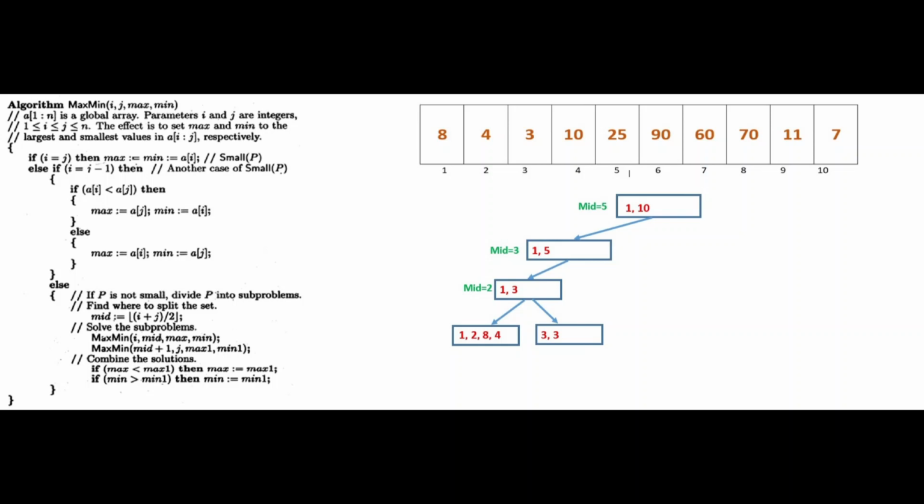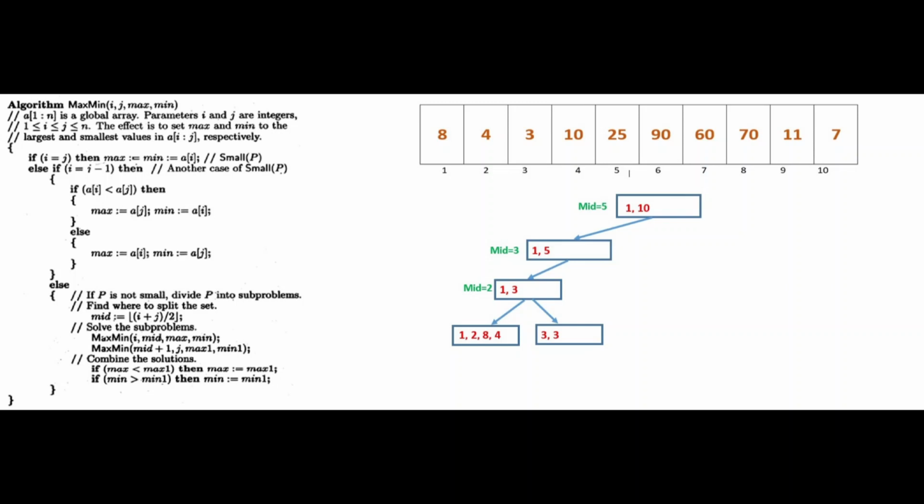At the beginning we check if I is equal to j, then max equal to min is equal to a of I. Here I is equal to j, the condition is true. That means there is only one element in the array.